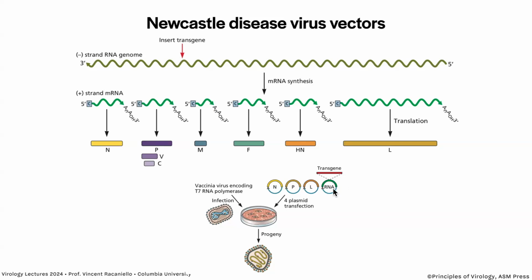So you make a plasmid with the transgene inserted into the viral RNA. You have 3 other plasmids, very much like VSV, and you transfect all 4 in with T7 produced by vaccinia virus, and out comes Newcastle disease virus carrying a transgene. And typically, it's another spike protein from some other virus.